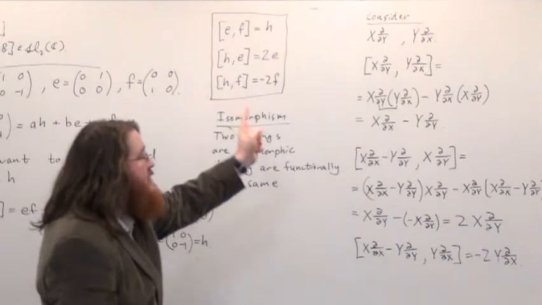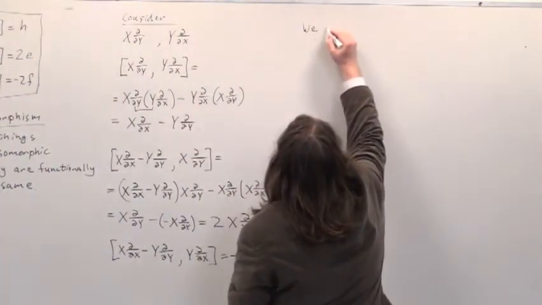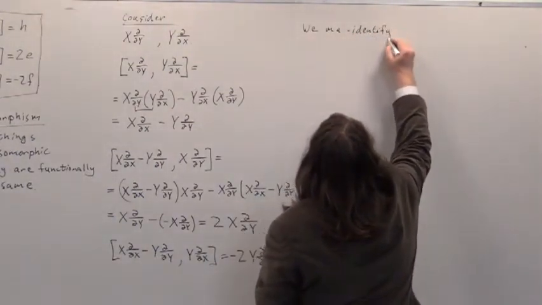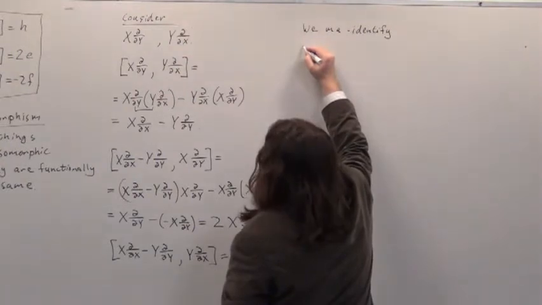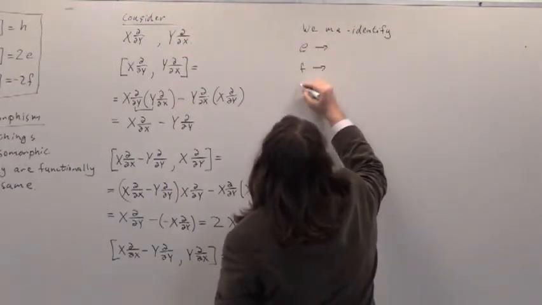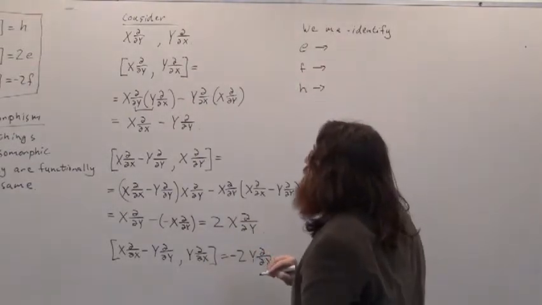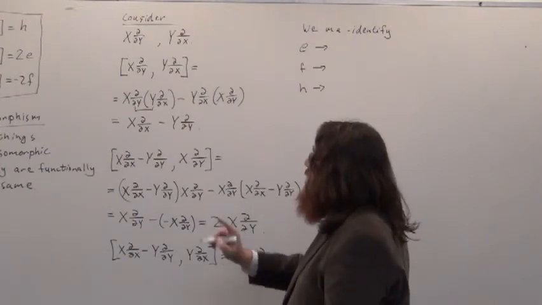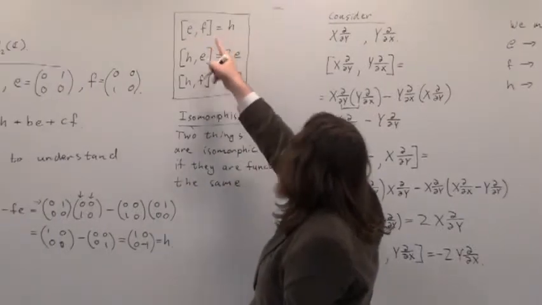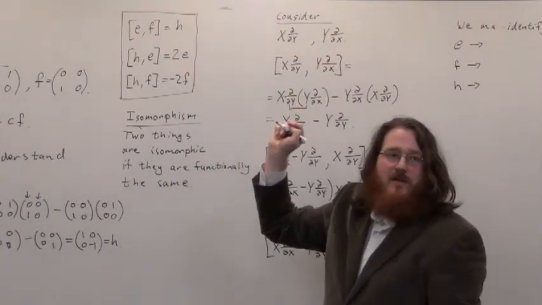So we can make the identification, identify these with SL2. And we have to do it in a consistent fashion. The product of two things giving us a third: these two things have to be E and F. We know that.